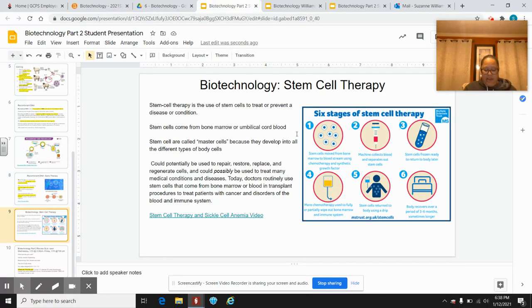All right. Stem cell therapy. This is the last therapy that we are going to talk about. Stem cell therapy works a lot like gene therapy, so I'm going to let you read through the 6 stages. You'll see that it works the same way. But I want to talk a little bit about what stem cells are. Stem cells are called master cells, and you should think of them like modeling clay or Play-Doh, and it can be sculpted into anything.